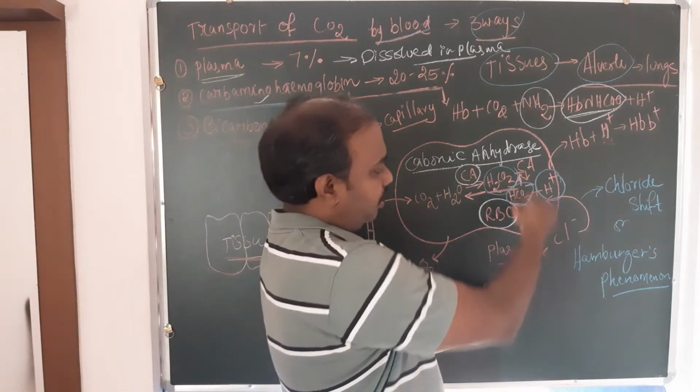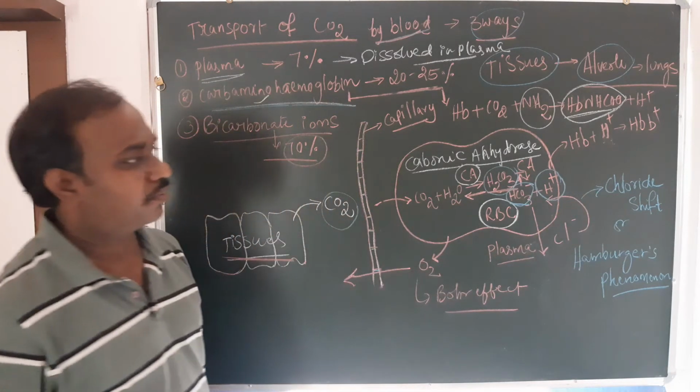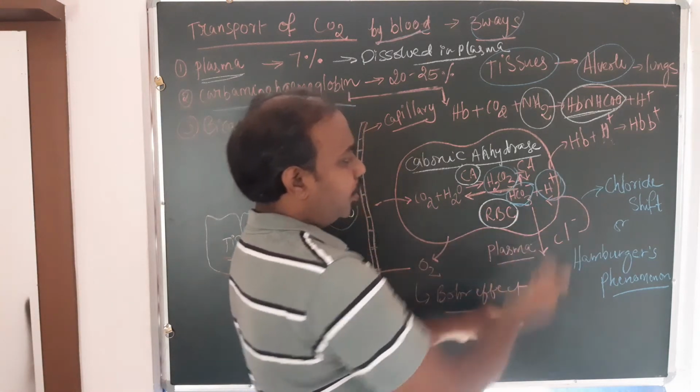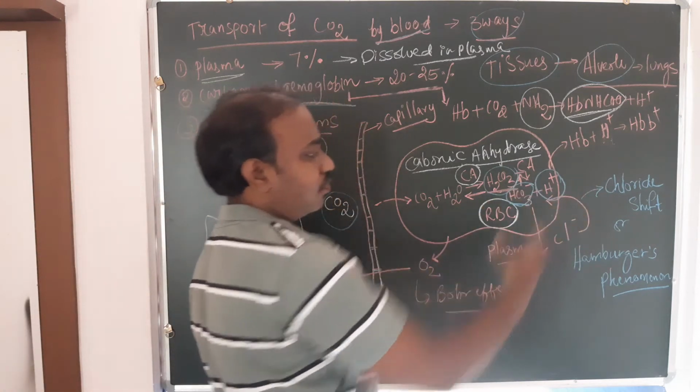Since some of it has diffused, some chloride ions which are present in the plasma will enter into the RBC to counter it, so as a matter of fact, to balance it out.